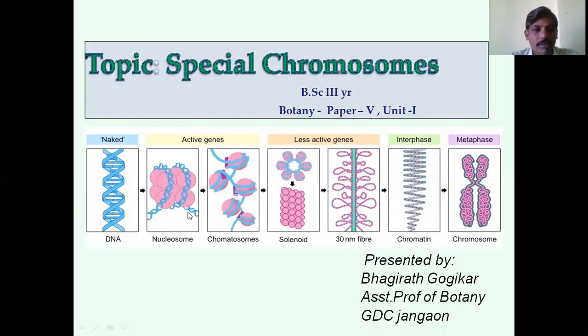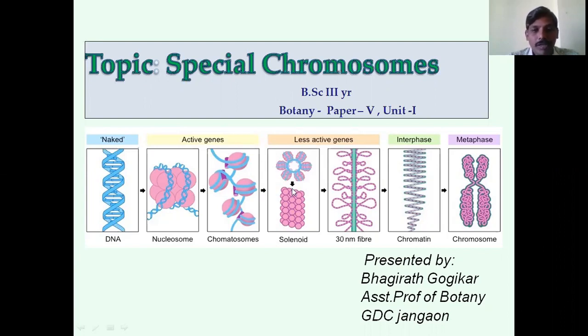It is the first level of organization of chromatin. This nucleosome is 10 nanometer in size. This nucleosome fiber undergoes coiling. It makes a 30 nanometer solenoid structure. This solenoid structure consists of 6 to 7 nucleosomes.